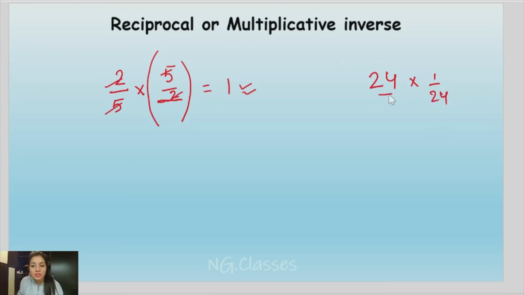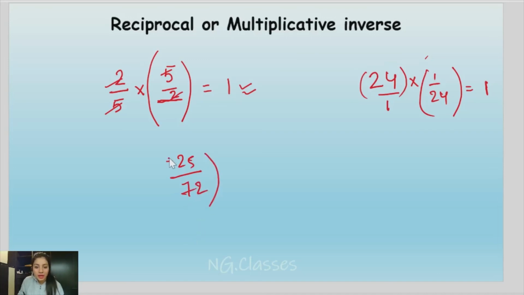Because 24 means 24 by 1, and if we just reverse it, writing the denominator as the numerator and the numerator as the denominator, this is the only fraction which we can multiply with 24 and get the result 1. So 1 by 24 is the reciprocal or multiplicative inverse of 24. What is the reciprocal of minus 25 by 72?